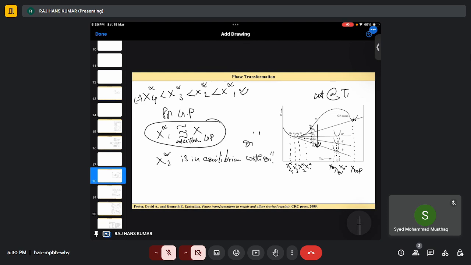And based on this, x alpha 4 is in equilibrium with theta, x theta, the composition of the theta. So with time, this is how the reaction takes place.